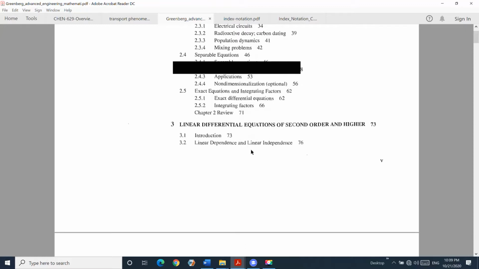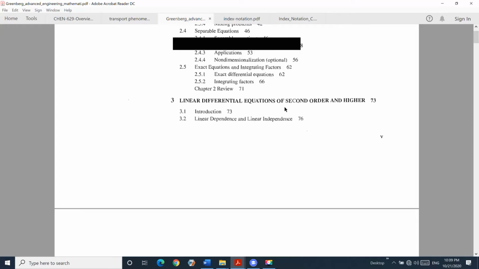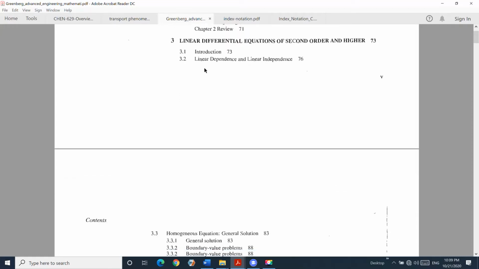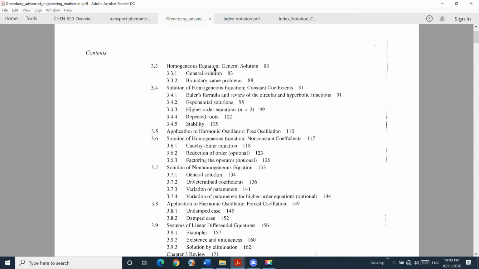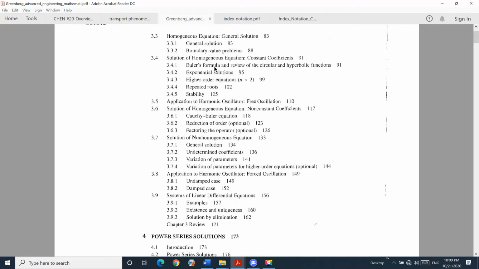Chapter 3 moves to second order and higher order differential equations. It talks about linear dependence and linear independence, and the general solution of the homogeneous equation. Then the solution of the homogeneous equation in the case of constant coefficients, and also some applications of this part.